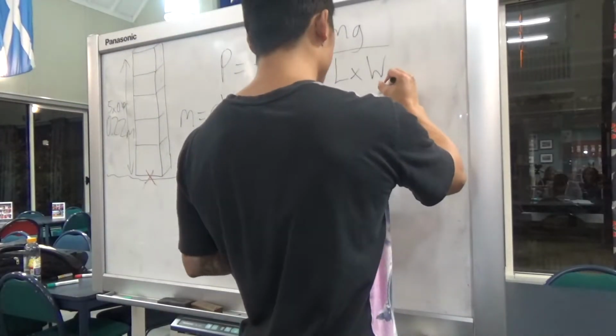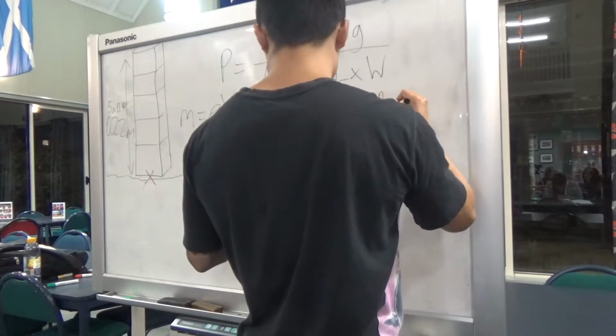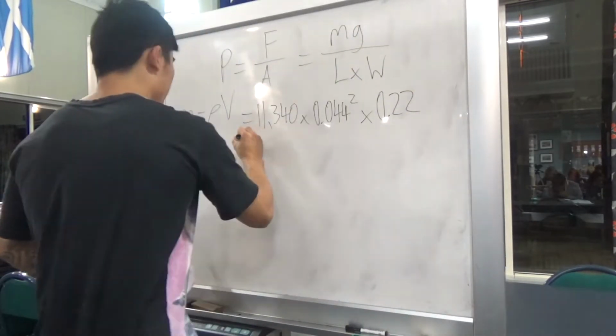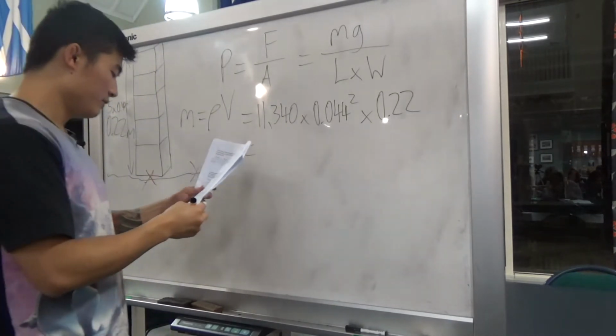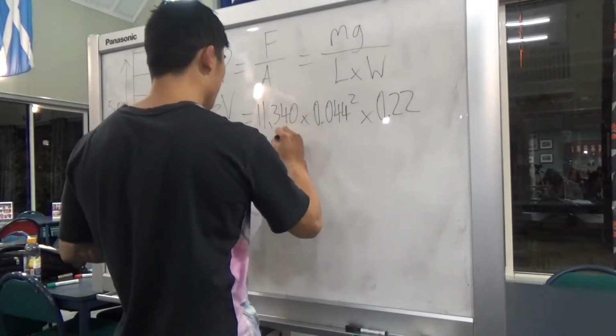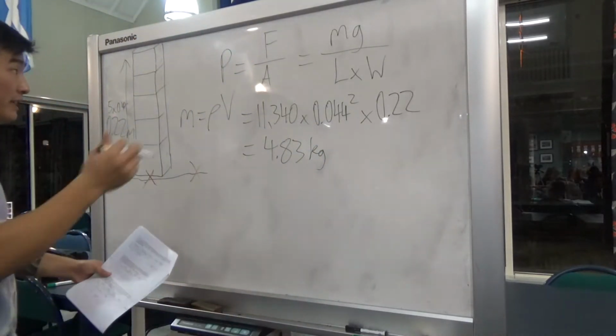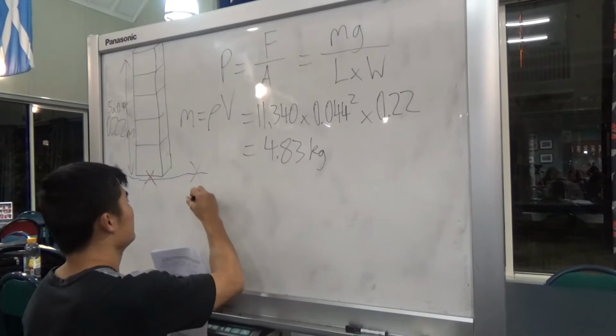So length times width times height, and the height is 0.22. So that will give us our mass, which is 4.83 kilograms. So now we can go back to our pressure equation.